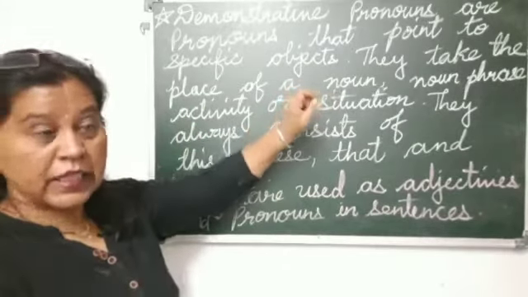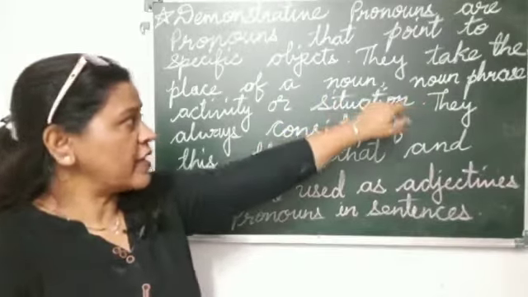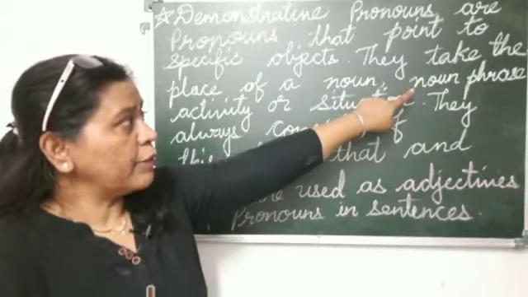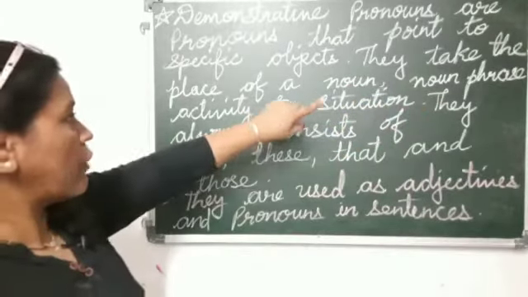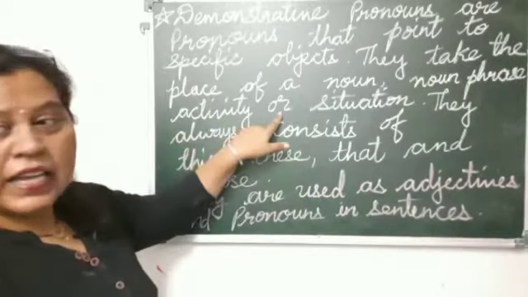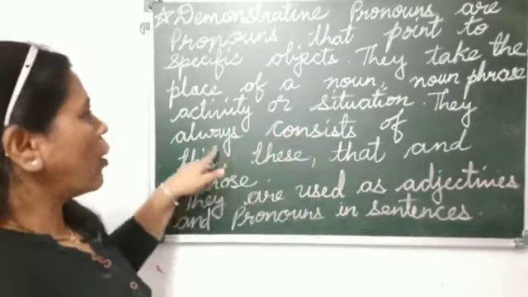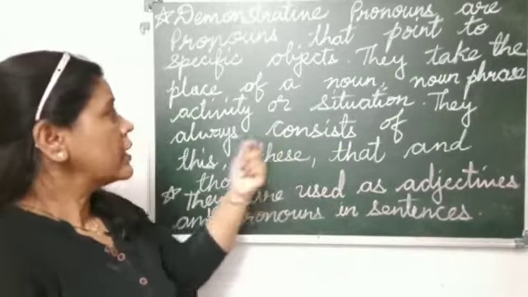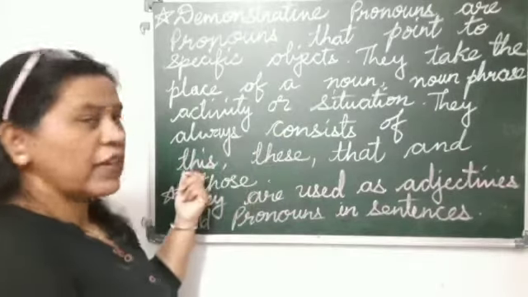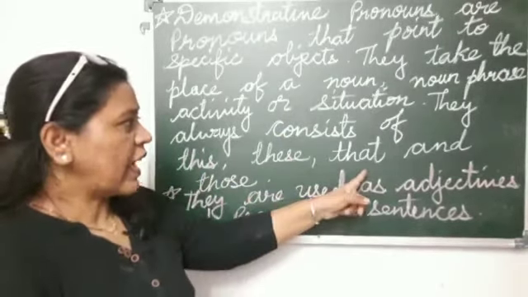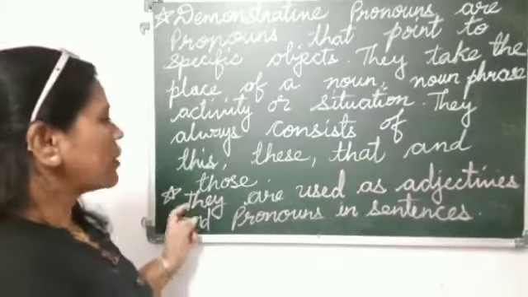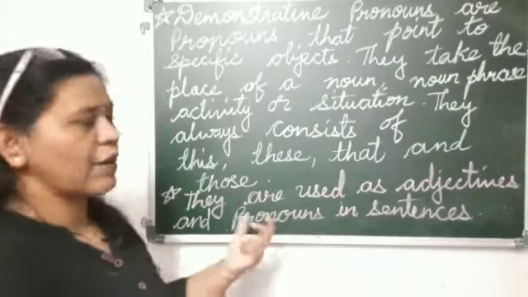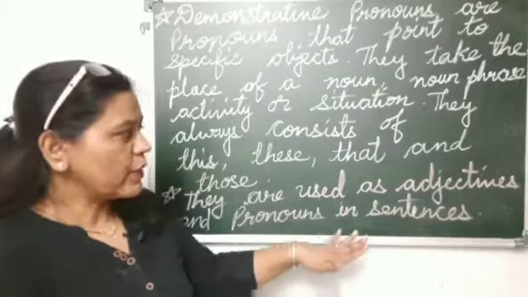They take the place of a noun, a noun phrase, an activity or a situation. Demonstrative pronouns consist of this, these, that, and those. They are also used as adjectives and pronouns in sentences.